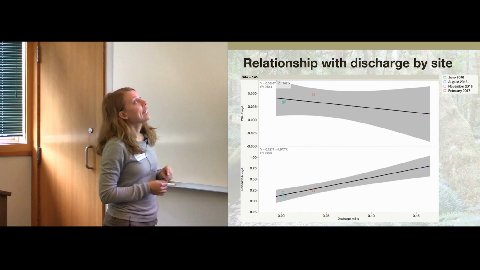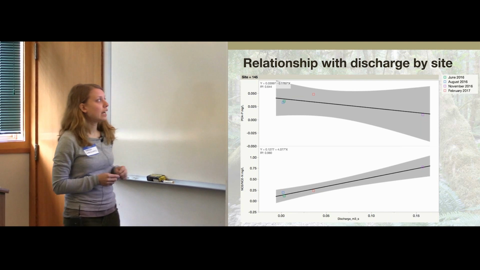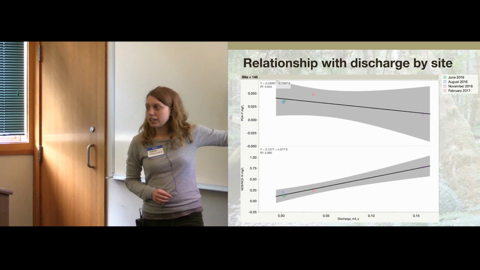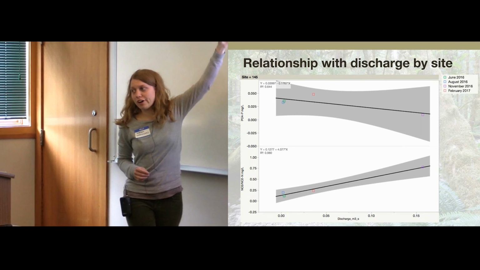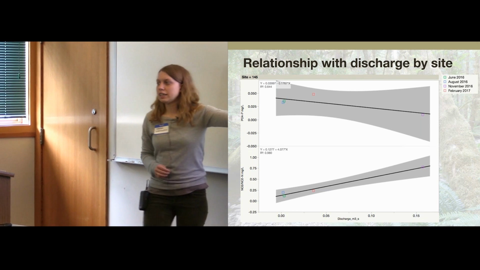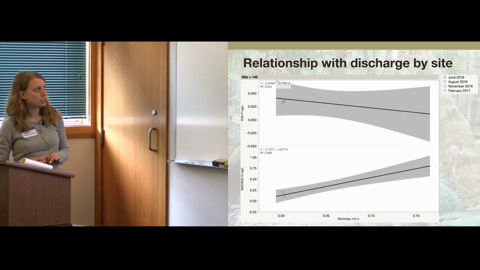If we separate out discharge by site, however, and look at the nitrate and phosphate concentrations, we do start to see influences from discharge. So this is for site 145, one of the basins. And we do start to see a pretty strong coupling between nitrate and discharge.